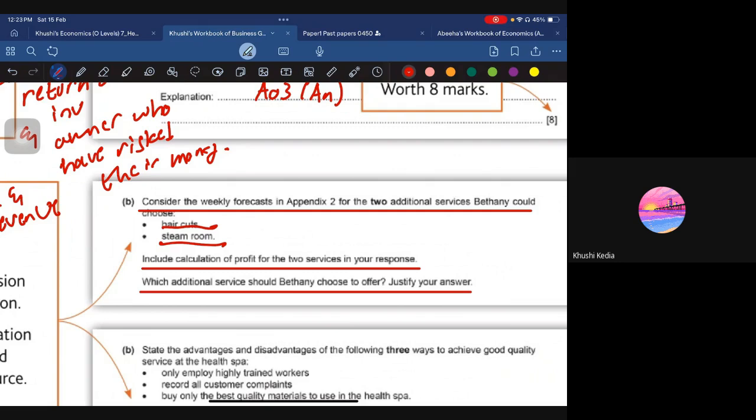I want you to just look at this question and tell me how you are going to allot the marks.